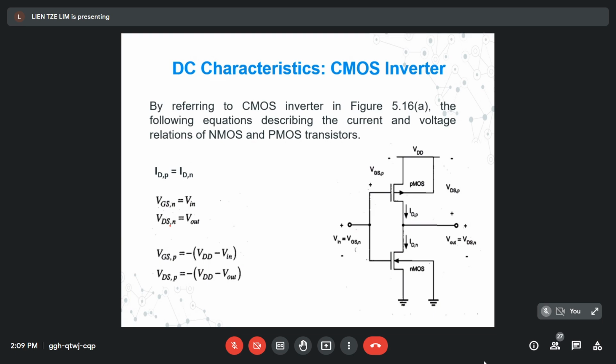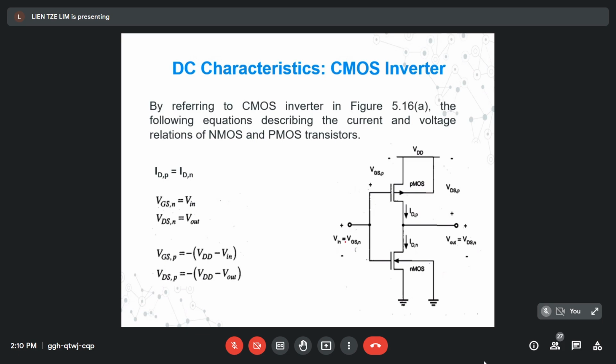VDSN is the drain to source voltage, and this is the output. If you refer to this figure, you can see the labels already given here: V out equals VDS, and V in equals VGS. This is for the NMOS.